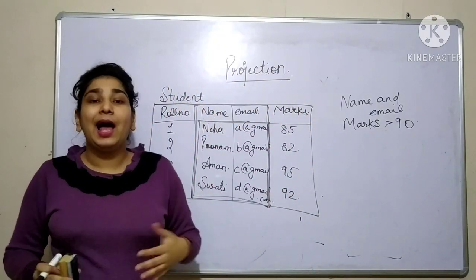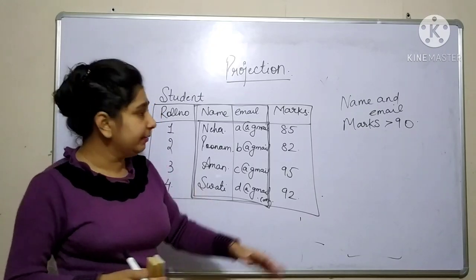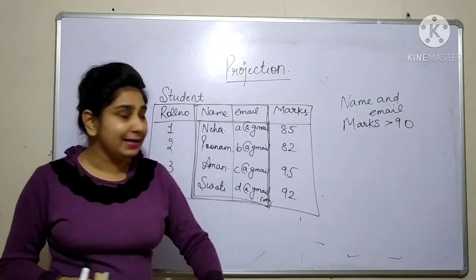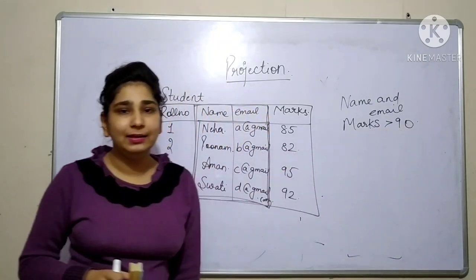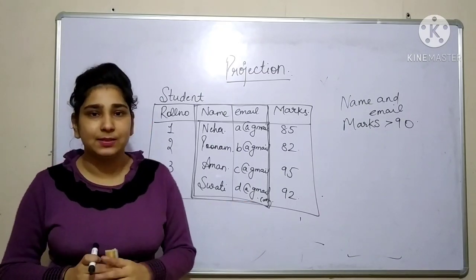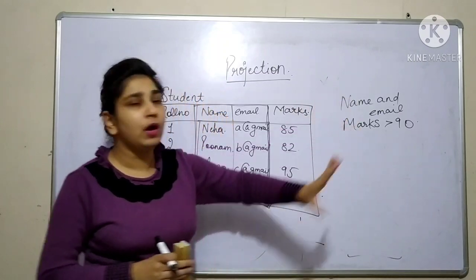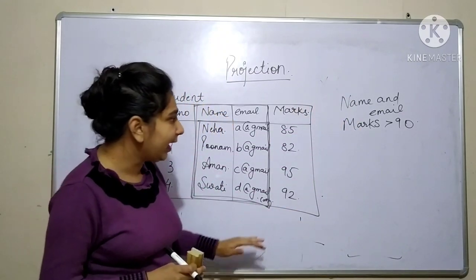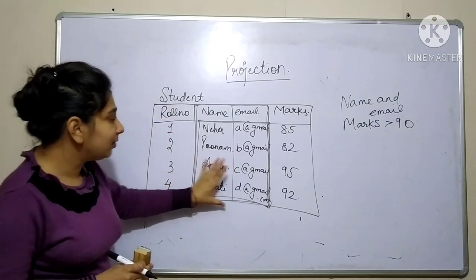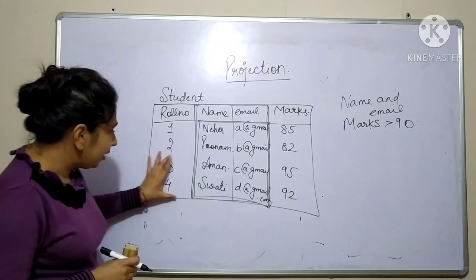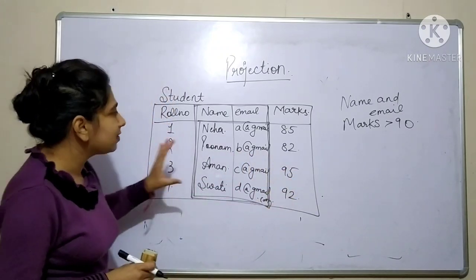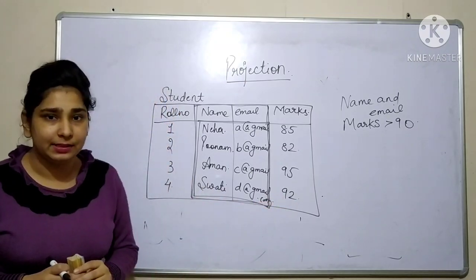How will we perform the operations on this kind of question? Firstly, I will be selecting all of the students whose marks are greater than 90.